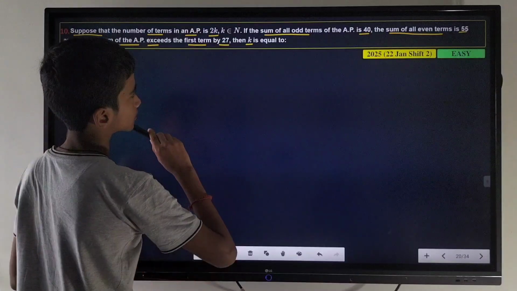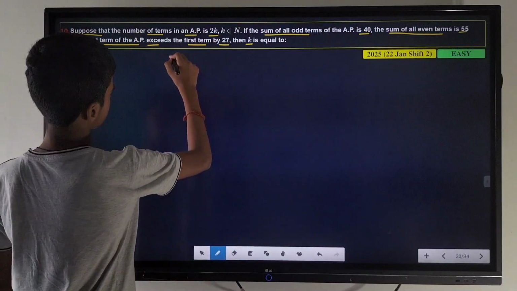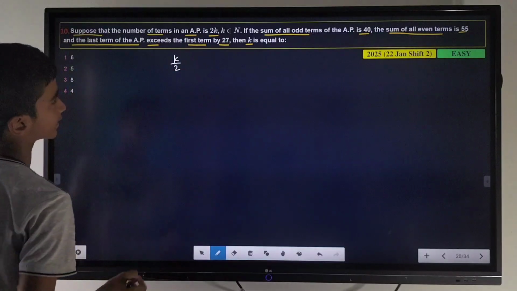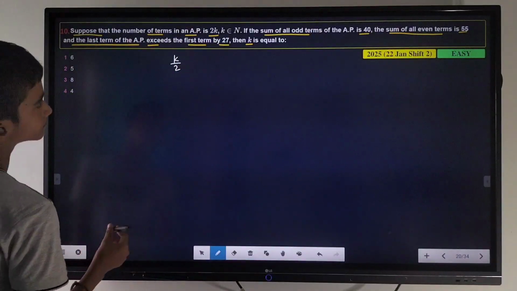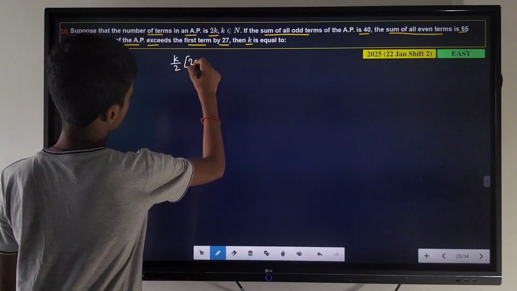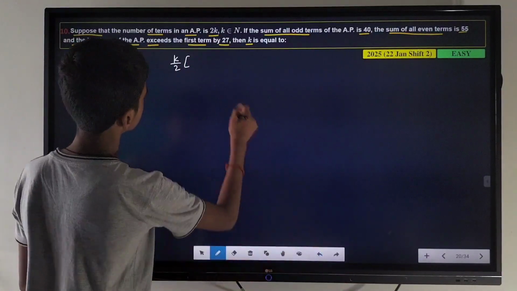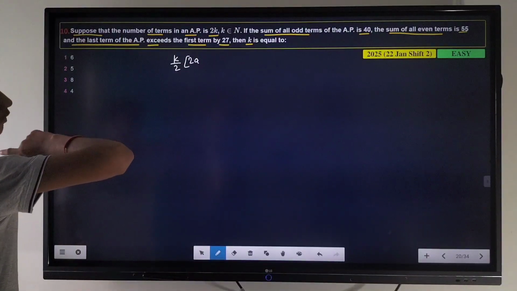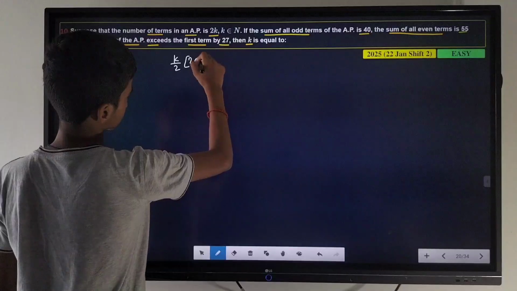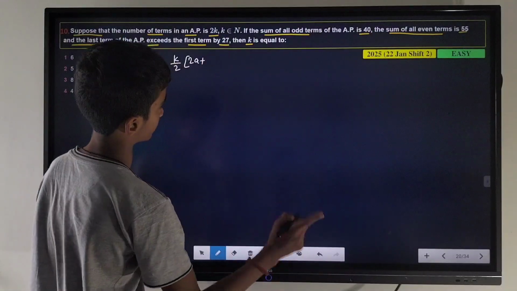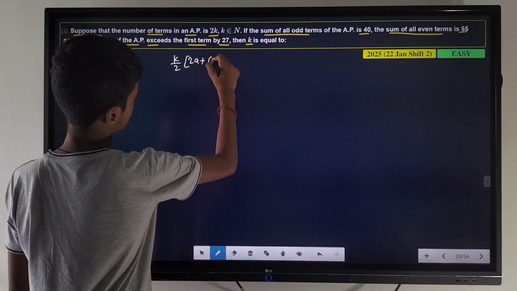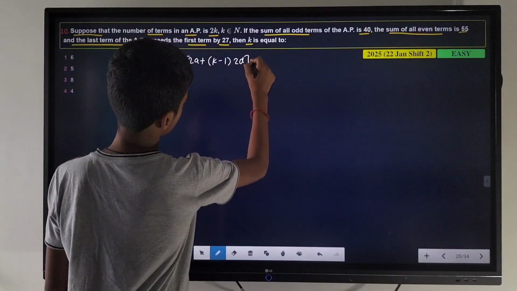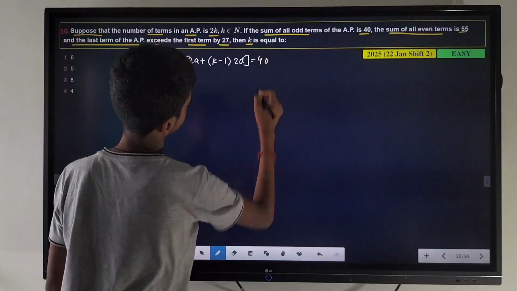So our sum of all odd terms will be, there are k odd terms. First term will be a, so k upon 2 into 2a plus, here are odd terms, not odd numbers, k minus 1, common difference will be 2d, is equal to 40.